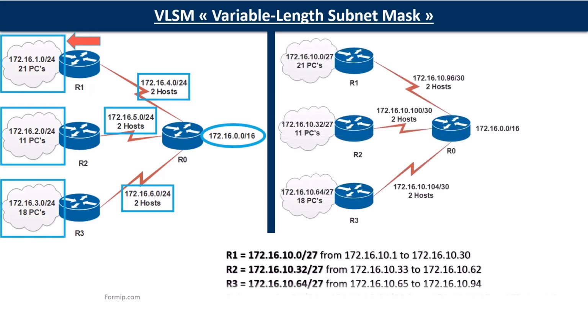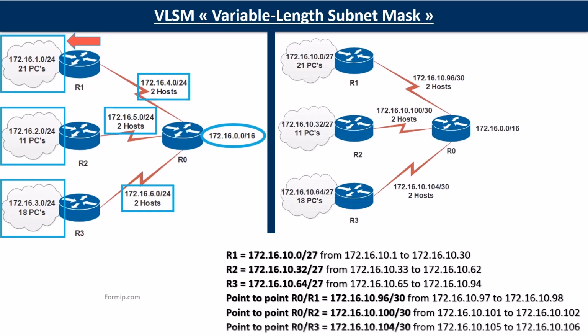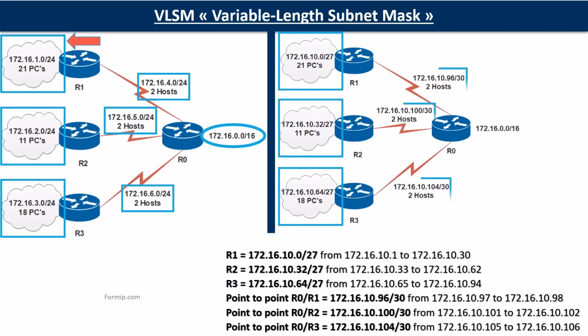And here is our much better, optimized topology. The subnetwork that has less than 30 hosts has been subnetted to /27, and point-to-point links now have a mask /30.